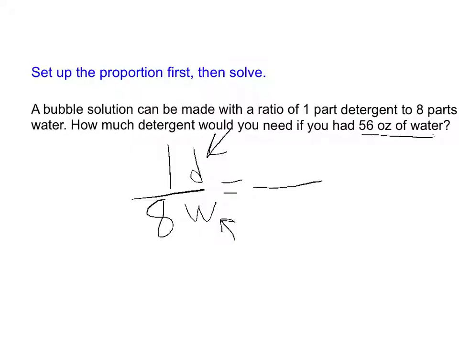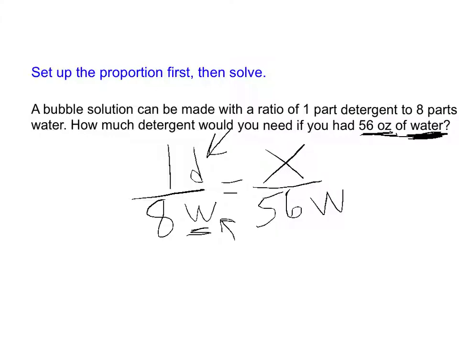So I'm going to finish reading here. How much detergent would you need if you had 56 ounces of water? Because I see water here, I'm going to put water on the bottom, because I put water on the denominator there. Now, the empty space gets your x. You can solve it using any of the methods you want.